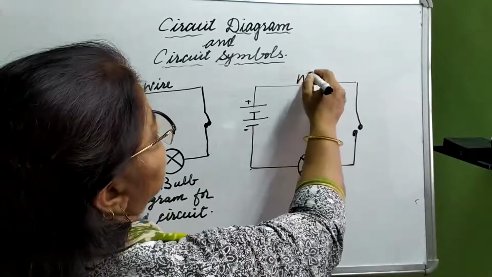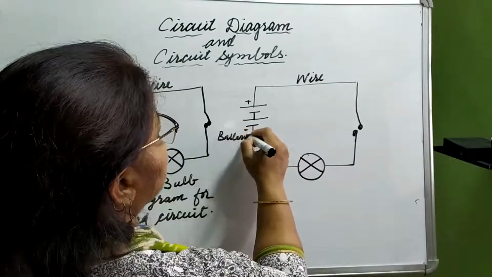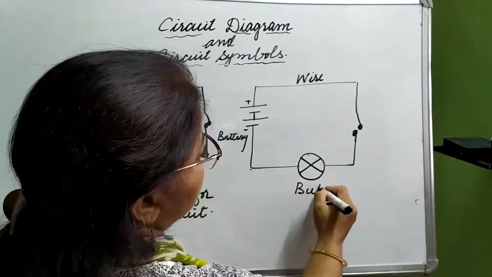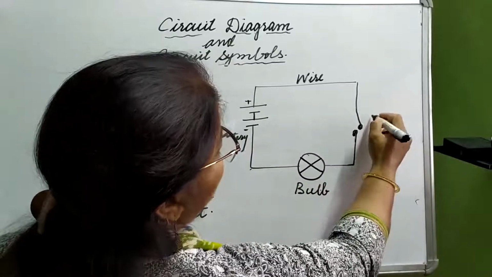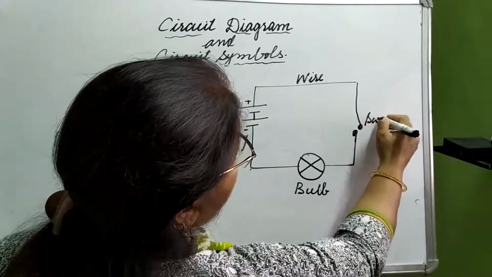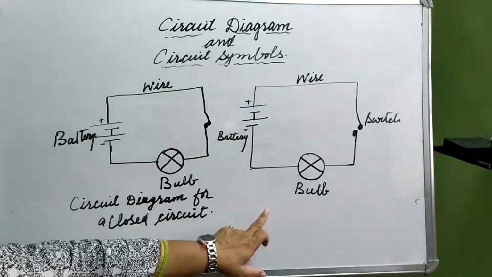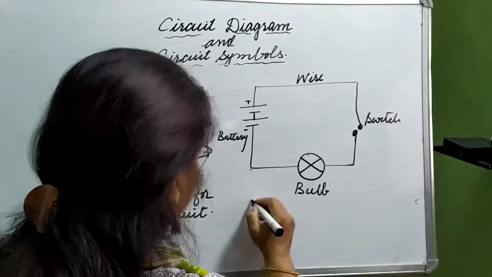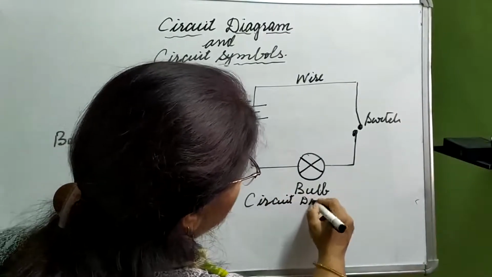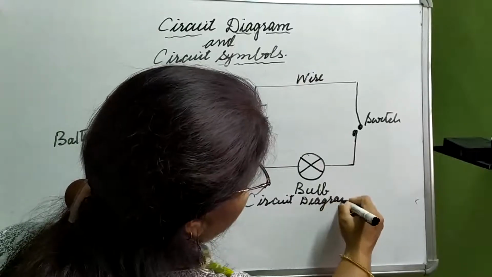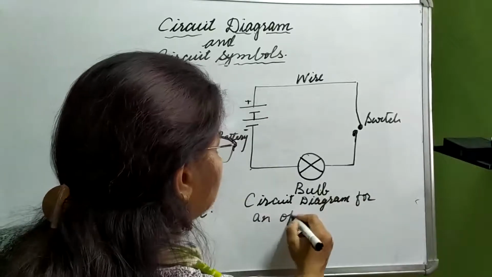This is the wire, this is the battery, this is the bulb, and this is the open key or switch. Now this circuit diagram is for an open circuit.